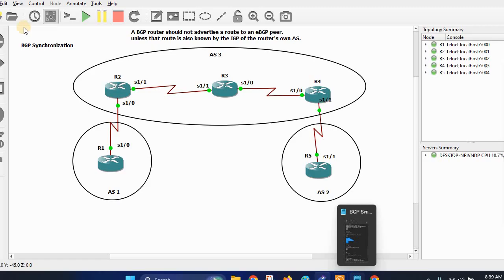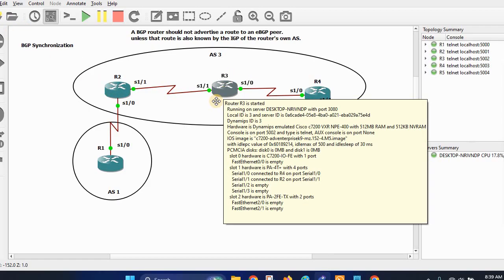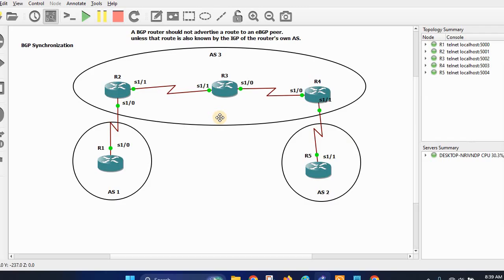Our requirement is that R3, with only OSPF configuration, should know the R5 network. The IGP protocol should know it, and only then is it reachable. Otherwise, R3 doesn't have that network, so the packet will be dropped. If R3 knows the 1 network and 5 network, it will be reachable.